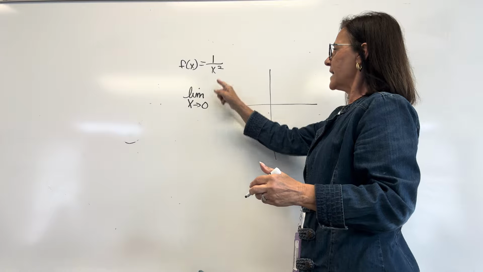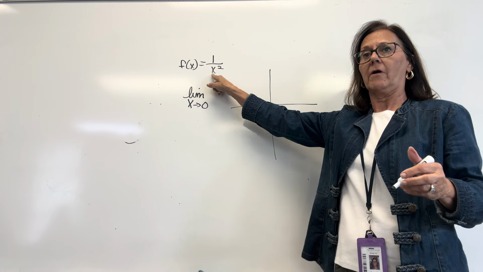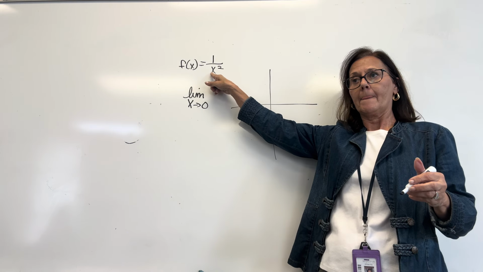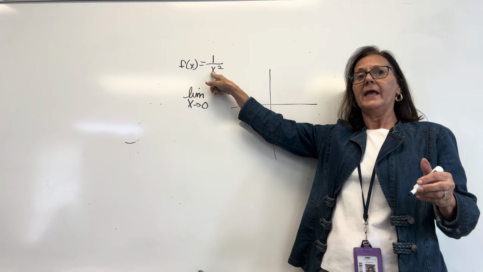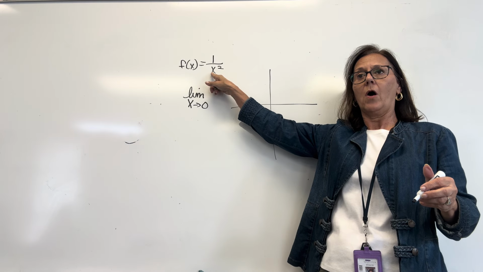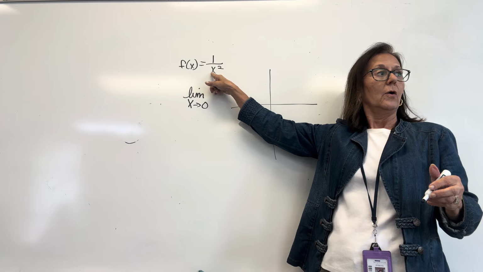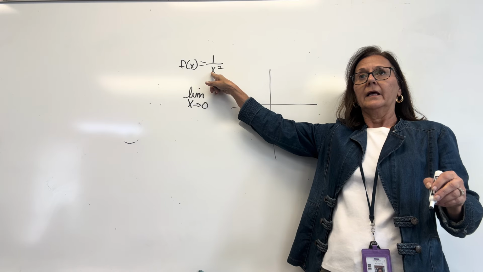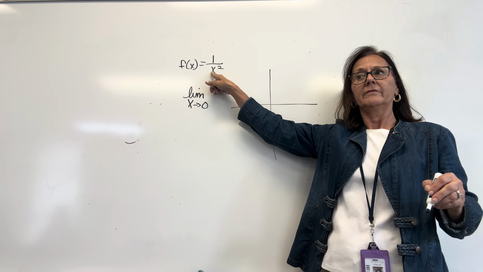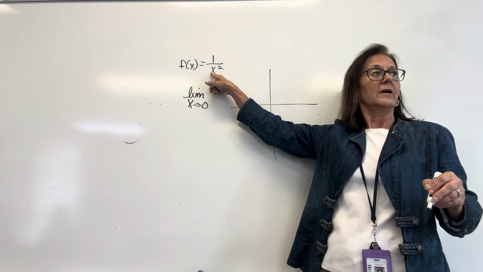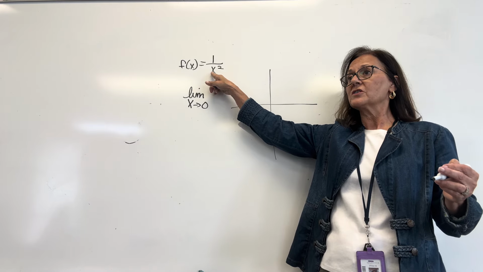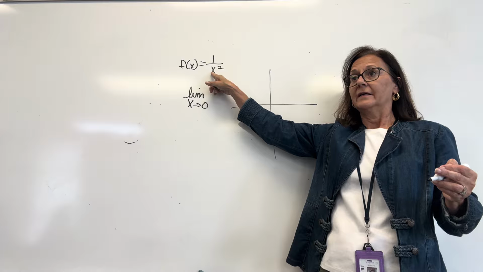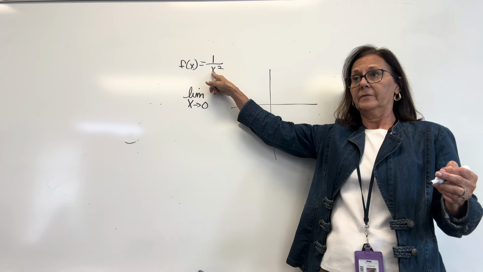As x gets closer and closer to 0, reason with me. As x gets big, what happens to y? Smaller. Does it matter if it's positive or negative? Because it's squared, as x is a big negative or a big positive, this number gets smaller.